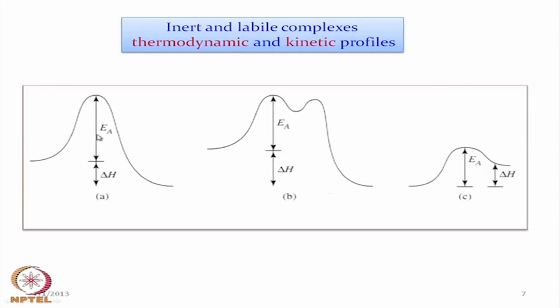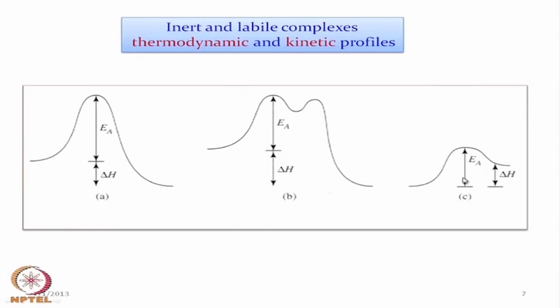But in these two cases the EA values are large, that means we get very slow reactions, though thermodynamically they are very stable. So, it has a large equilibrium constant, thermodynamically they are stable, but it is a very slow reaction. So, it is a very inert compound. So, the complexes are typically inert.